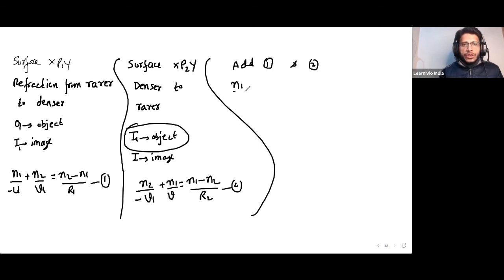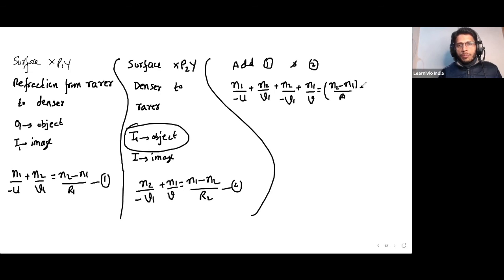When I add them, I add N1 by minus U plus N2 by V1, plus N2 by minus V1 plus N1 by V, is equal to N2 minus N1 divided by R1 plus N1 minus N2 divided by R2. This is it. So this N2 by V1 will cancel this N2 by V1.